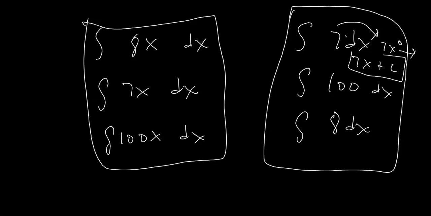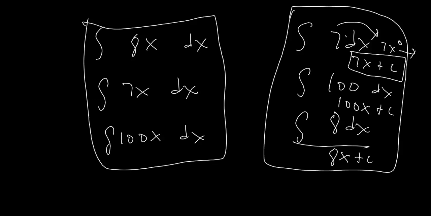However, there's actually a trick to this. Whenever you see the integral of a constant, all you have to do is write the constant, an x value, and then plus c. Same thing for 8. Constant, put the x beside the 8 plus c.